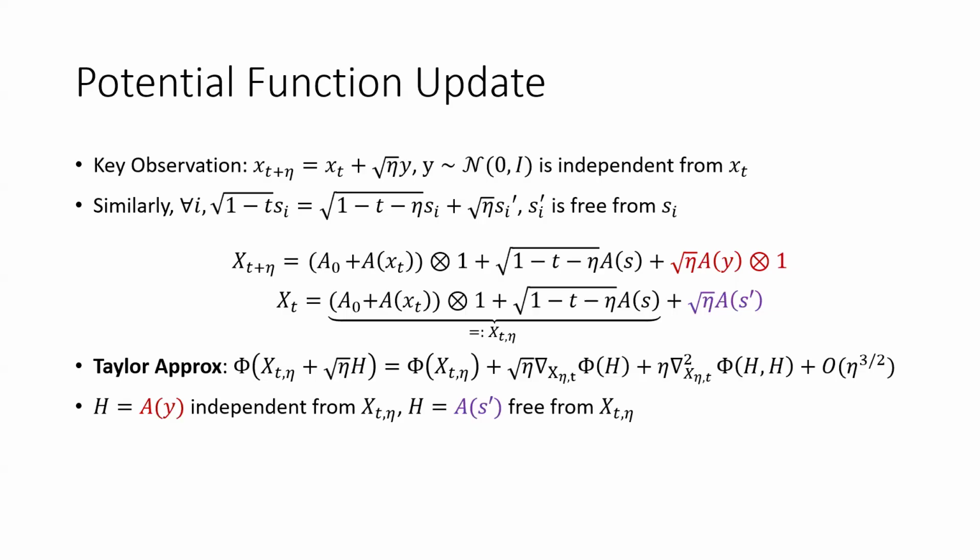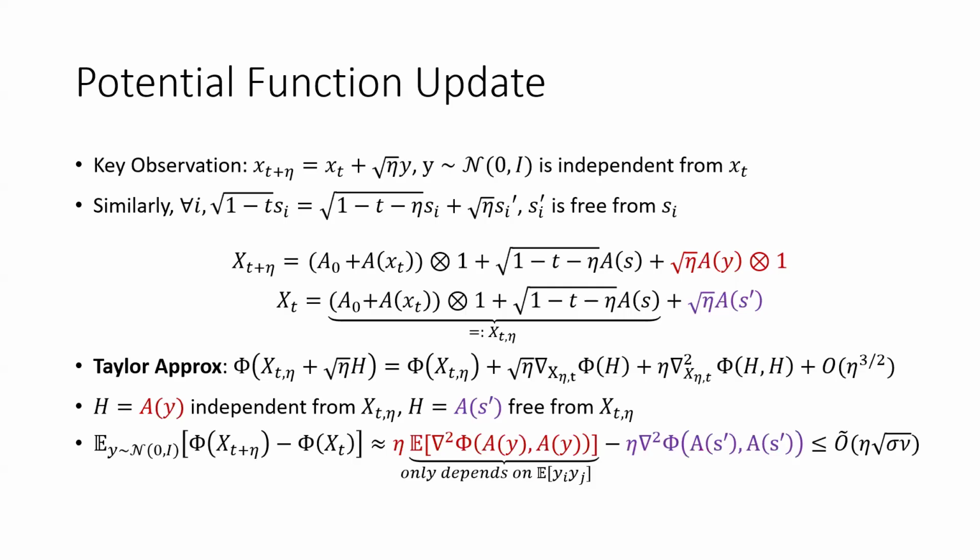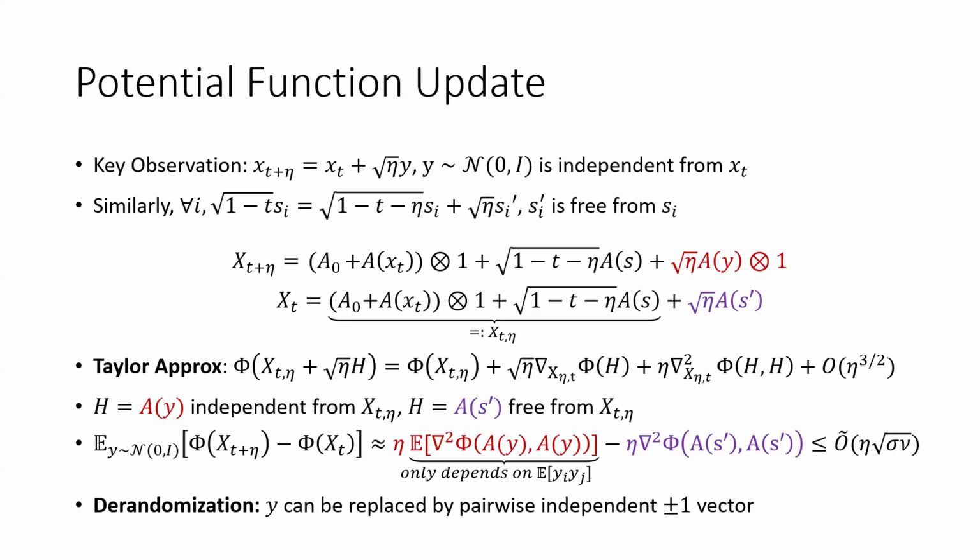And if I take h to be si prime, it is freely independent from this xt eta over here. So this essentially tells you that the first order term always vanishes, and the difference in the potential is only given by the difference of the second order terms. And once you have this part, then you can use some techniques from BBVH to balance second order terms, and this will give you your interpolation.